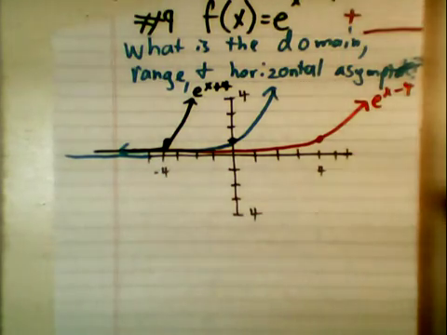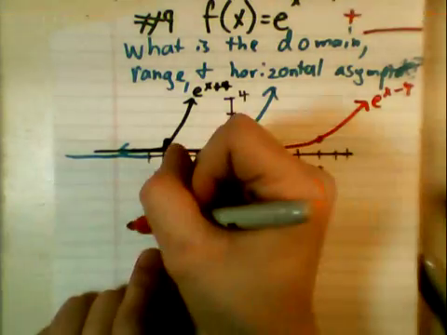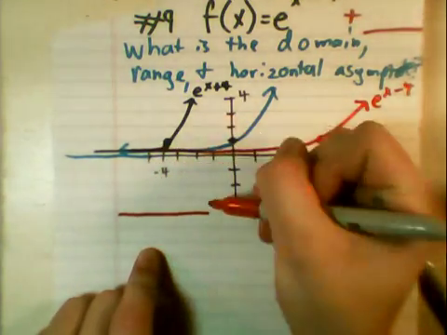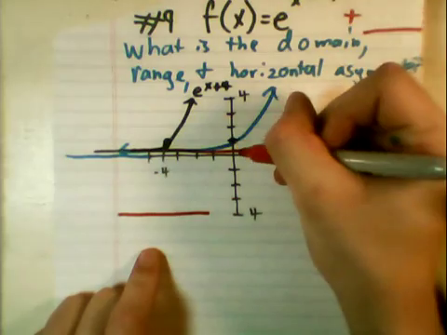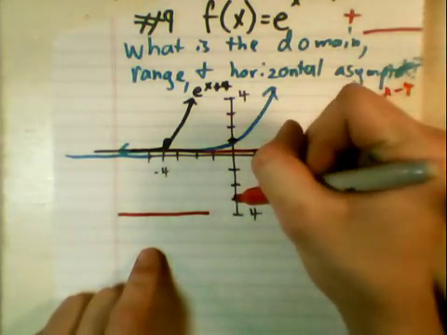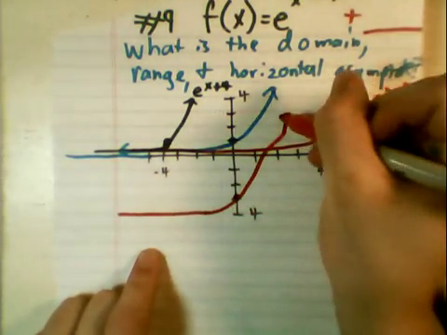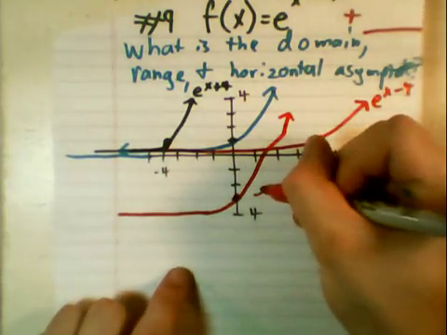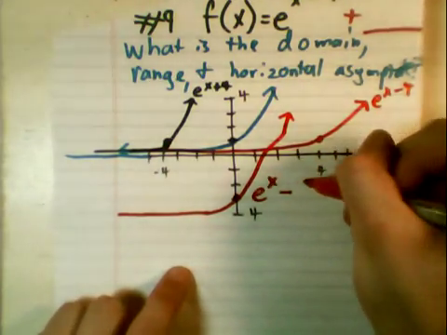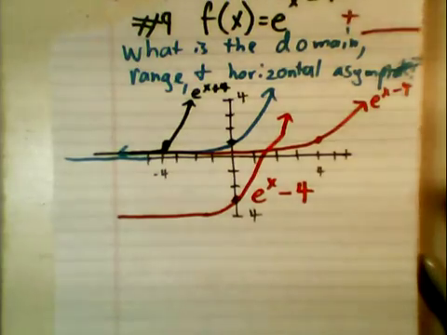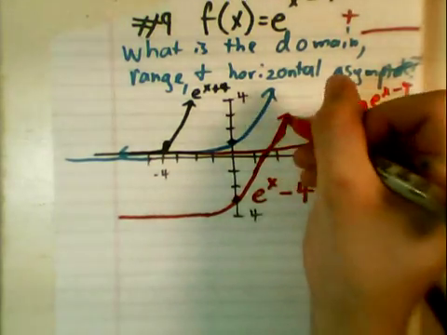What if it was just e to the x, and then not in the exponent, it was minus 4? Then we would bring this down 4: 1, 2, 3, 4. Sorry about that. So this is e to the x minus 4. So there's some transformation review.